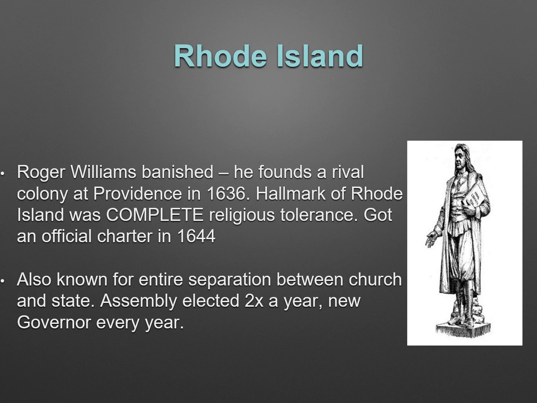They had an assembly of legislators that's elected twice a year, so every 6 months you have to run for office. So essentially you are constantly having to prove you deserve this job, and a new governor every year. Again, if you are not doing a good job, if you are not standing for the people, then in a couple of months you are out of work. You therefore have a lot of pressure to deliver.